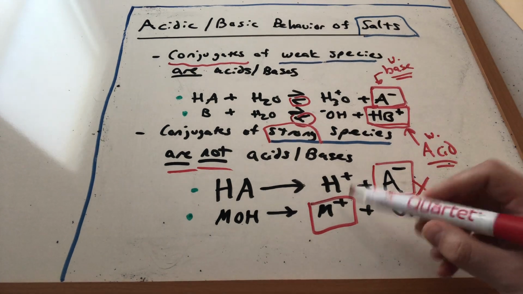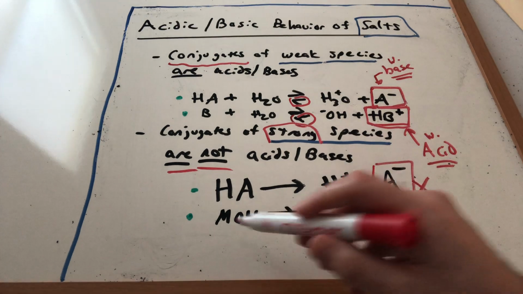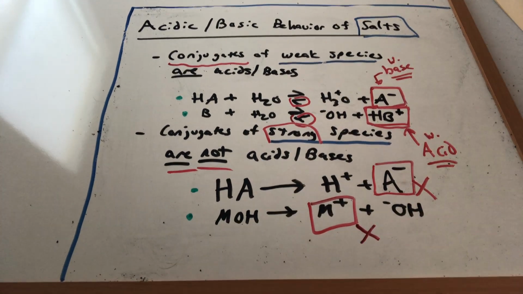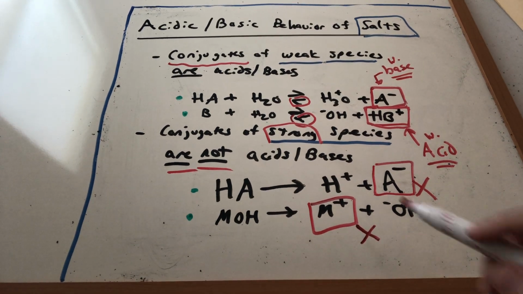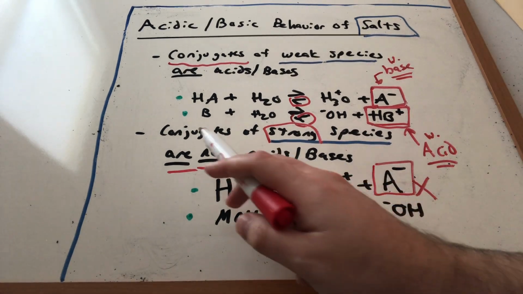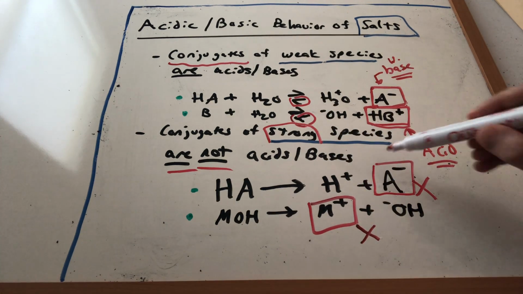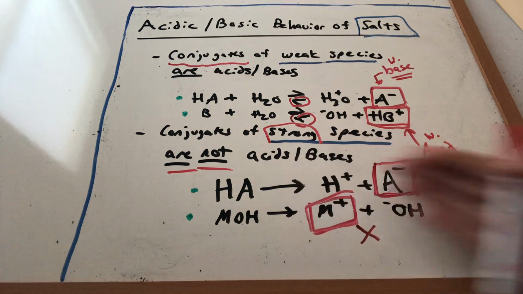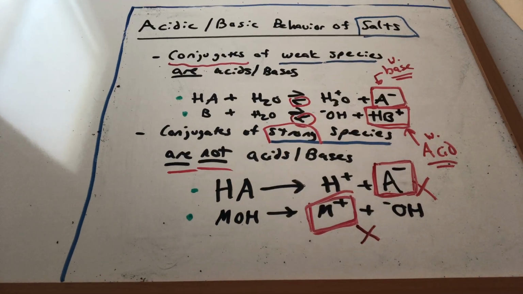No. Even though it doesn't fit our definition, we would consider it a conjugate of a strong species. The big thing here is that these soluble hydroxides that make up our strong bases, those metals themselves are not acids and bases. Conjugates of strong species, the things that end up on the right-hand side from full dissociations, are not acids and bases.